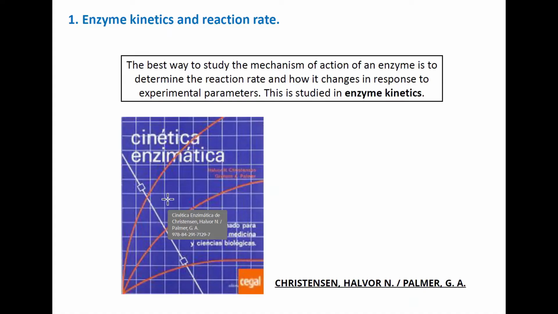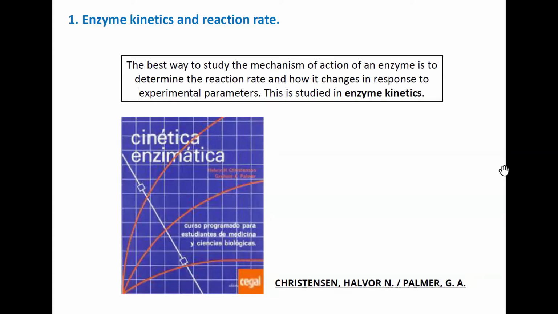So ladies and gentlemen, you should understand that this knowledge of enzyme kinetics helps in determining the mechanism of action of a particular enzyme. So the best way to determine the mechanism of enzyme action is to understand the kinetics and the rate of the reaction.